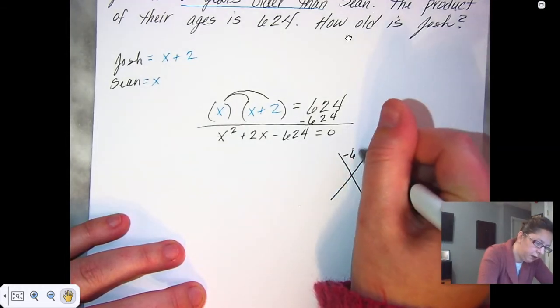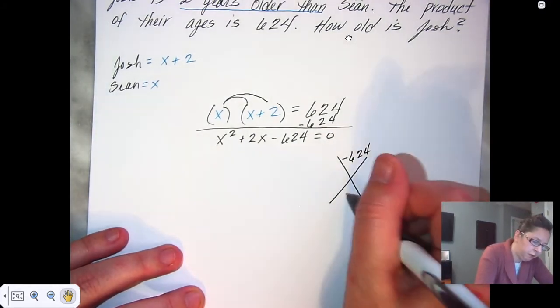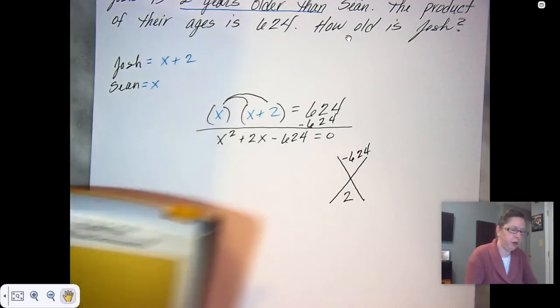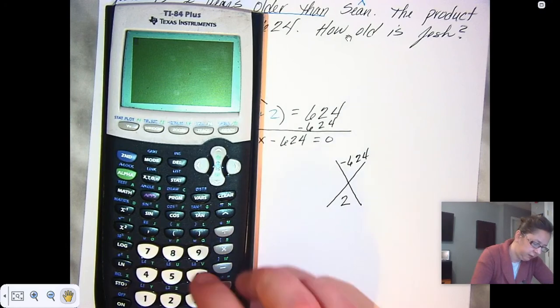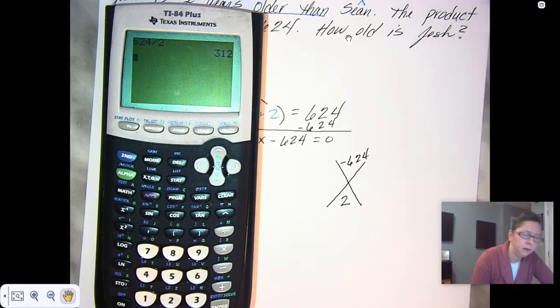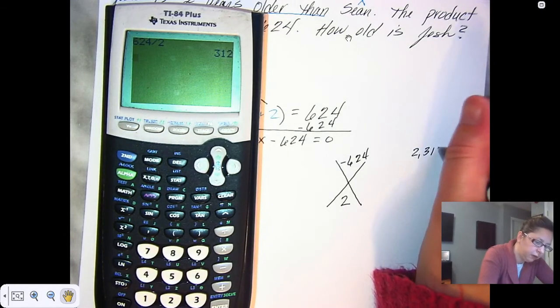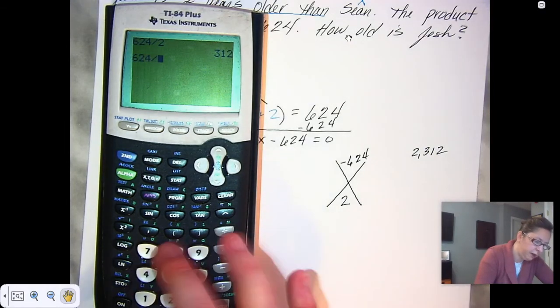So negative 624 on top. And then on bottom I have a positive 2. So I need to find some pretty big numbers here. I tell you, do some trial and error with your calculator. So if I did, let's see, 624 divided by 2, I know that it's even, but 2 and 312 are not going to add or subtract together to give me 2, okay? 624, let's try 8.